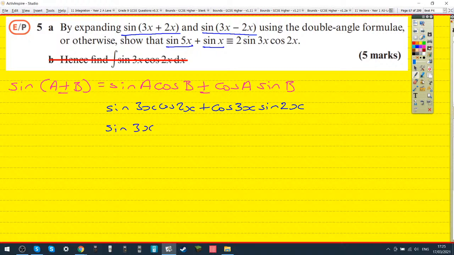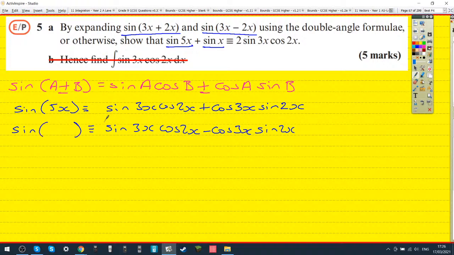So would we want to... I don't know. What is 3x plus 2x? 5x. So that first one is the same as sine 5x. What is 3x minus 2x? Just x. Yep.